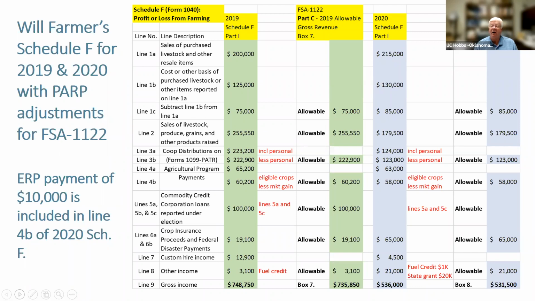We don't want to tax it twice. Crop insurance proceeds fully allowed, 65,000. The fuel credit plus the state grant, 21,000. So our box 8 number from the Schedule F is 531,500. Again, remember, you're going to have to go further if there is 4797 that applies.